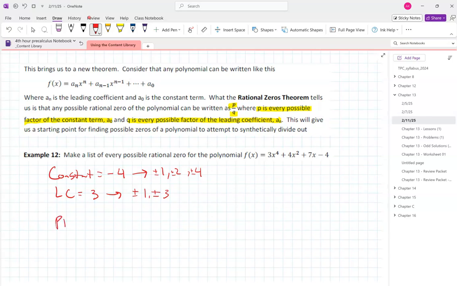So my possible rational zeros, my P over Q list, are going to be all the factors of the constant term divided by all the factors of the leading coefficient.